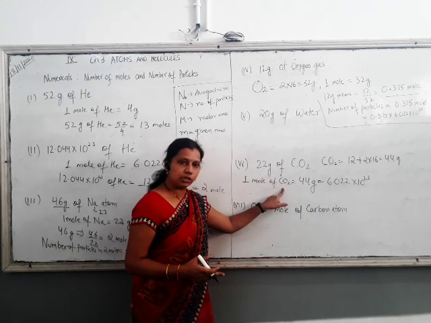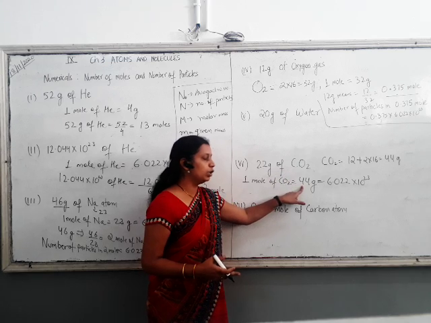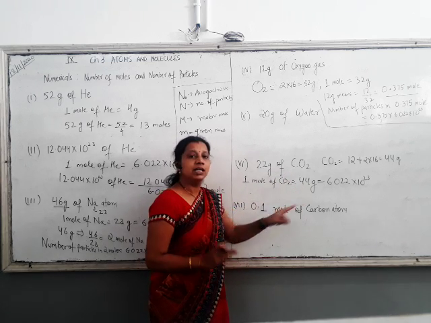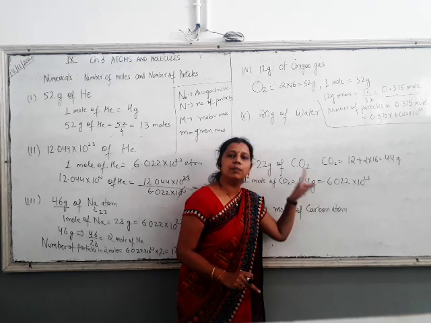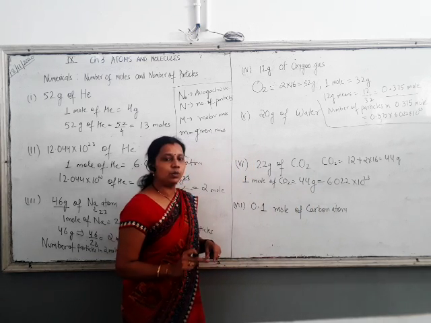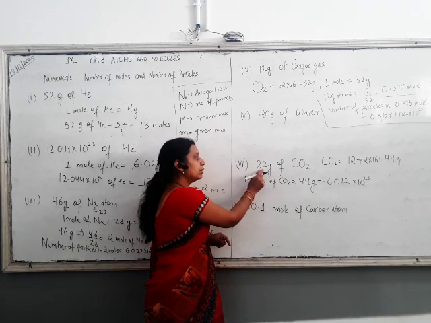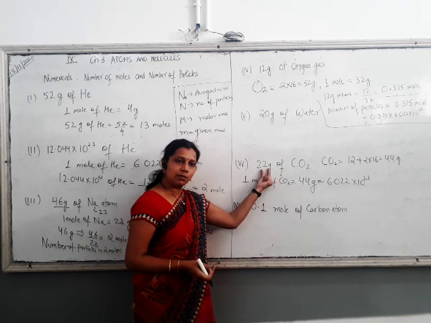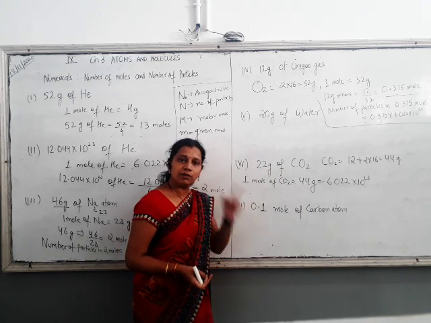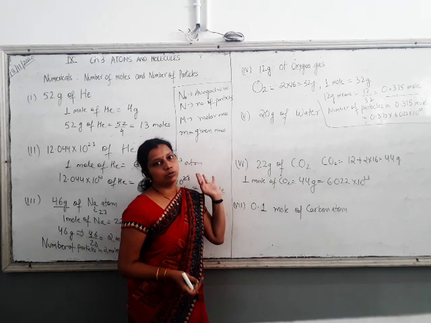So 1 mole of CO2, in terms of molecular mass we will say 44 gram. In terms of particle we will say this contains this much number of particles. Now in question what you have to do, you have to find number of moles in 22 gram of CO2 and number of particles in 22 gram of CO2.